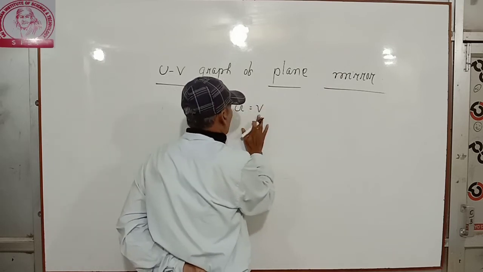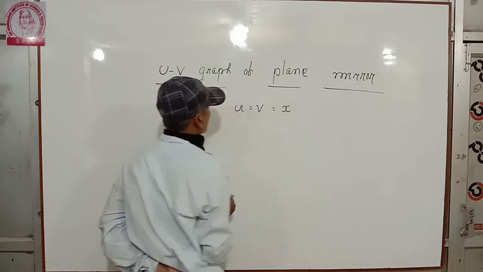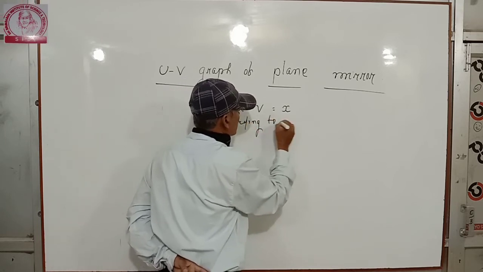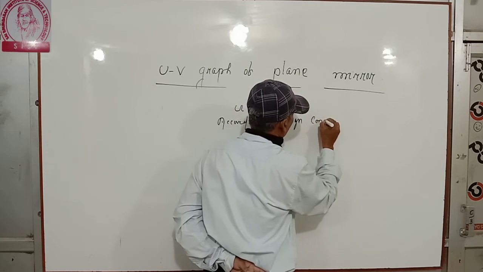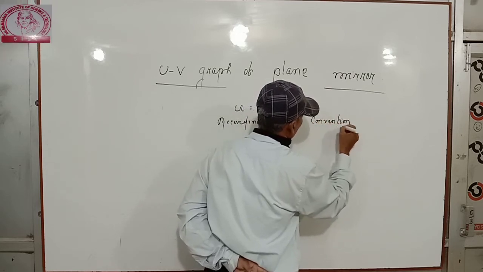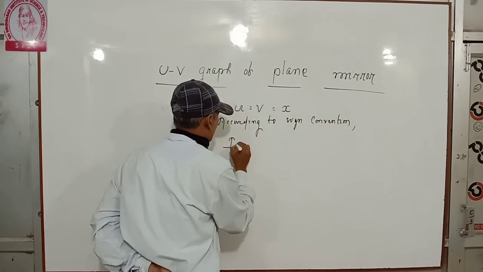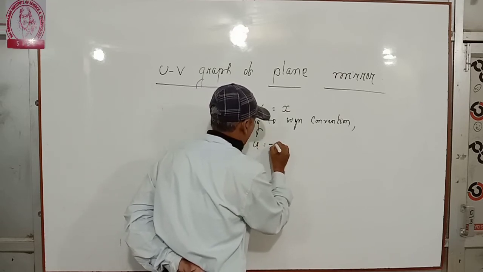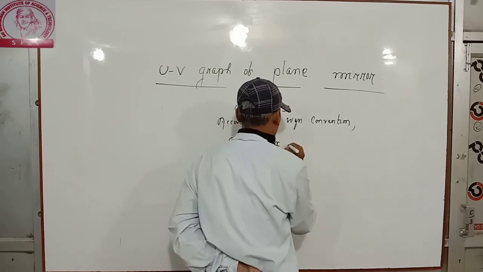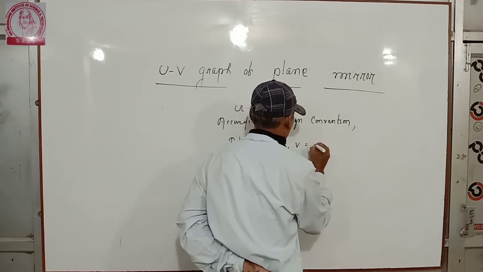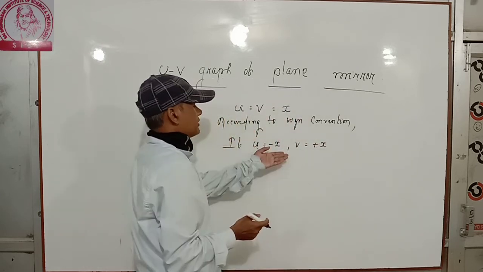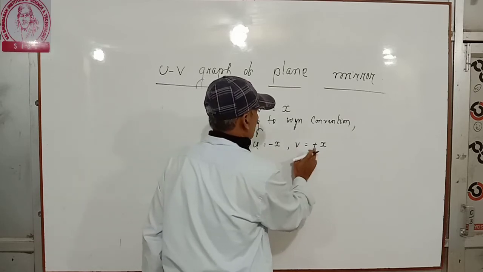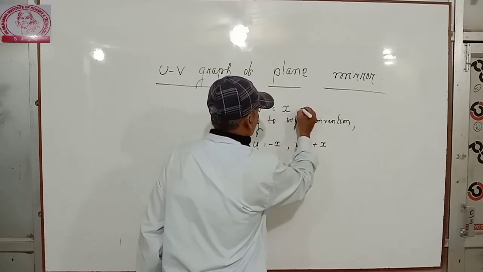Let's say u is equal to v is equal to X. According to the sign convention, if u is equal to minus X, v is equal to plus X. It may be measured in centimeter or millimeter or meter, whatever units, it doesn't matter. But u is minus X when v is plus X.